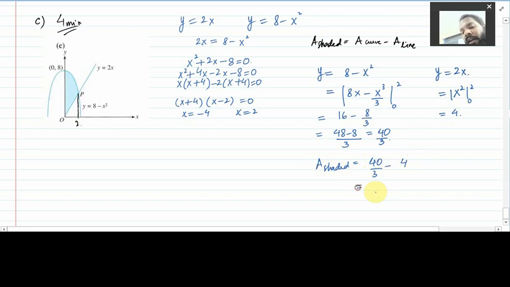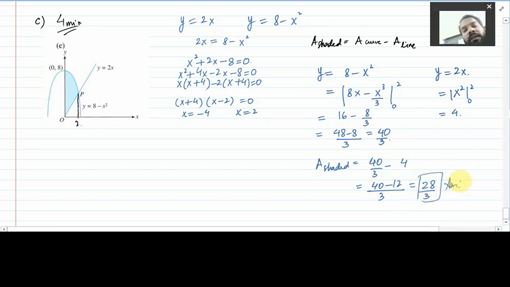If I take LCM, that will be 3. So 40 minus 3 4s, which is 12, 40 minus 12 equals 28. So it's 28 divided by 3. Alright, and that is your answer.